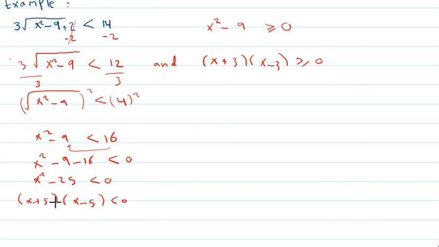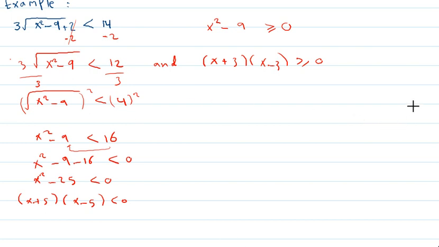So for the first inequality, x is supposed to be greater than minus 5 and less than 5. Another condition here is x greater than 3 or less than minus 3.